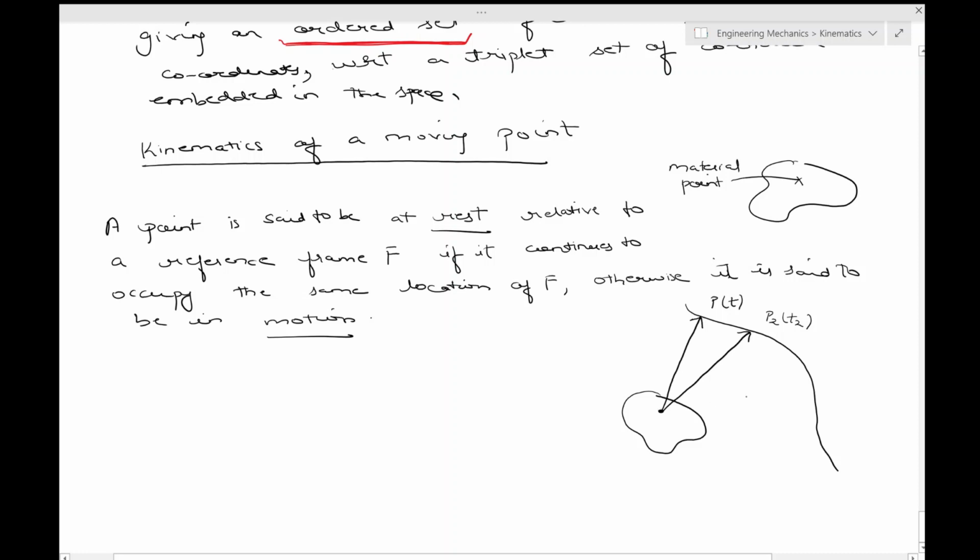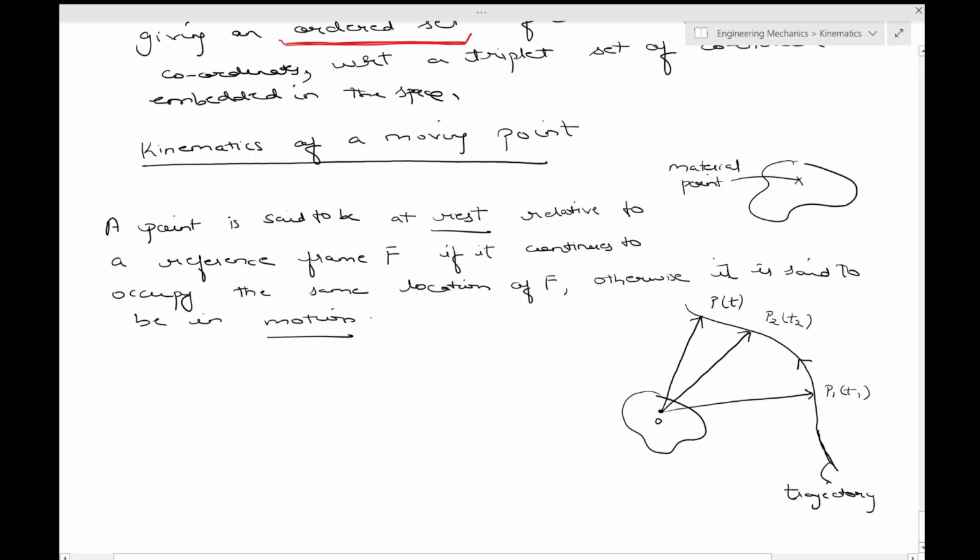Then we have P1 and this is the trajectory. So this material point is moving along this trajectory, and its position is P1 at time t1, is P2 at time t2, and P at any given time t.